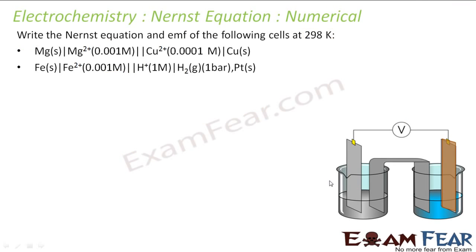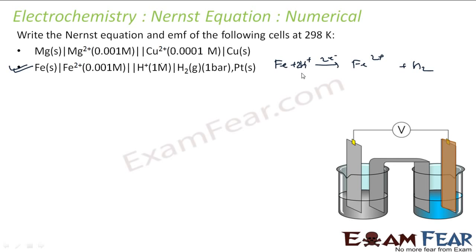Let's do the same thing for the second equation. As we have done, first you write the balanced equation. Fe becomes Fe2 plus and 2 electrons, and then H plus is reduced to hydrogen gas. There are 2 H plus required. This is my balanced equation.